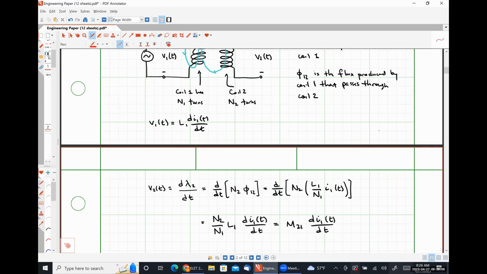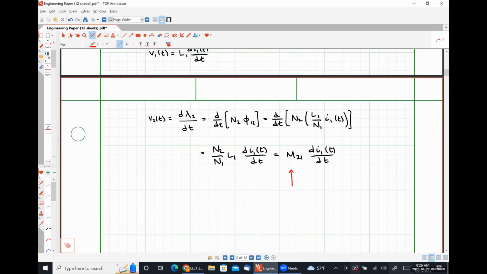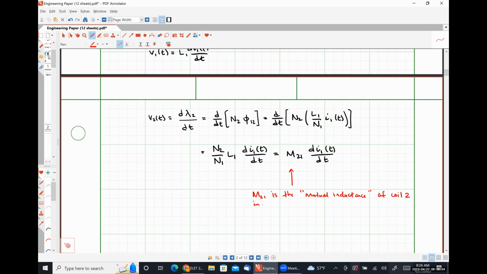where this M21 thing here is the mutual inductance of coil 2 induced by current I1.